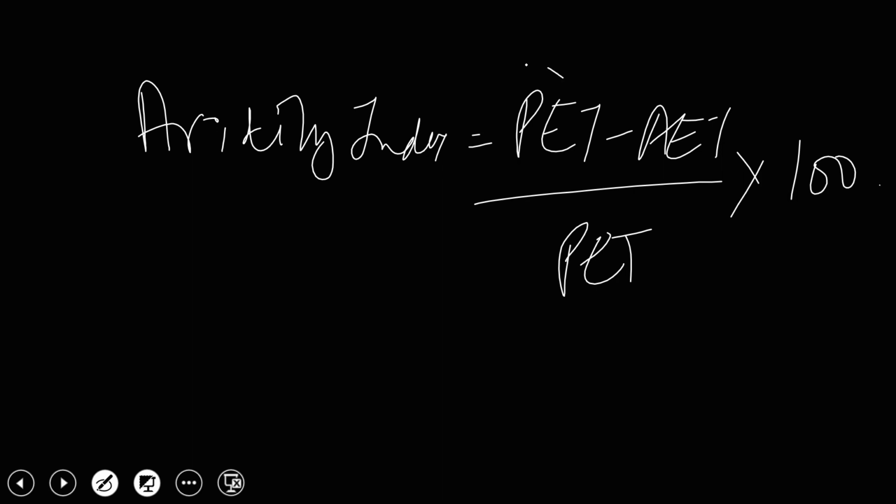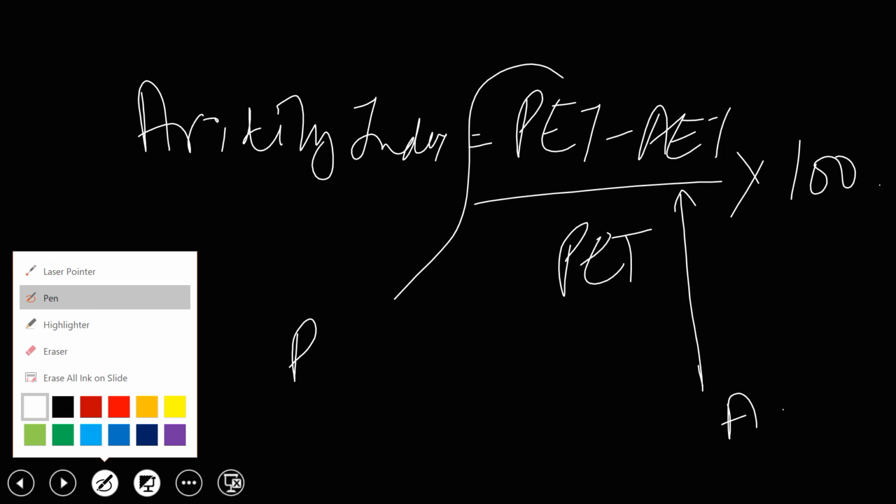Now, what is PET and AET? PET is the potential evapotranspiration, whereas AET is the actual amount of evapotranspiration that occurs. Now, potential evapotranspiration is the water which would be consumed by plants if sufficient water would have been available in the soil. But if the sufficient water is not available, in that case we define what actually happens, and that is AET.